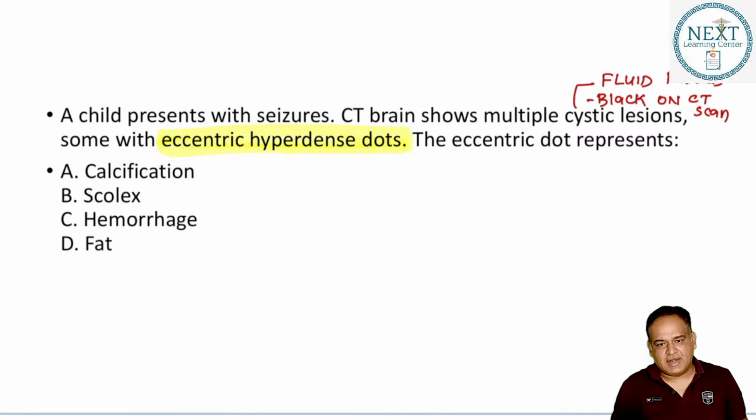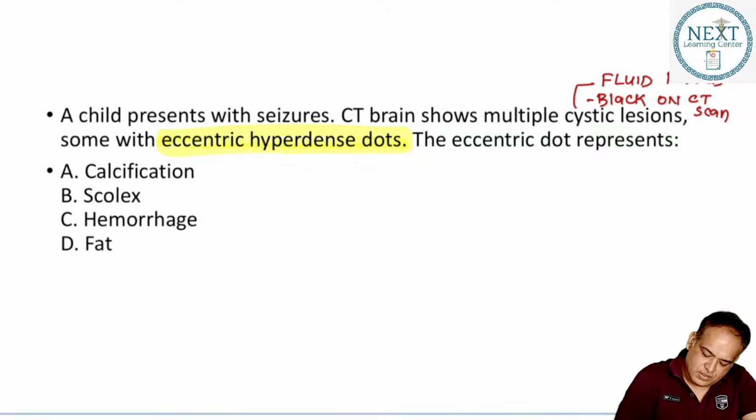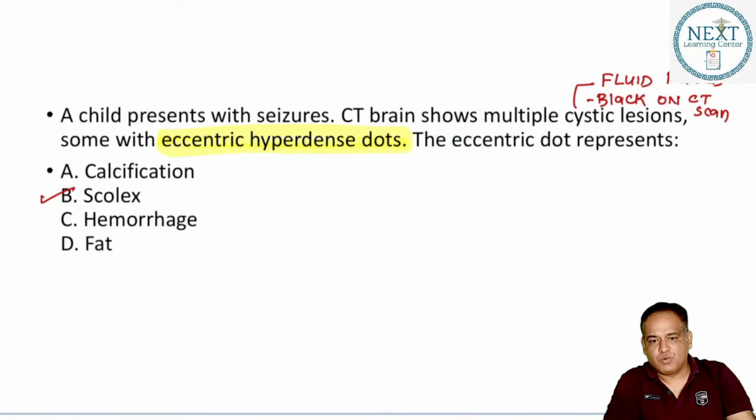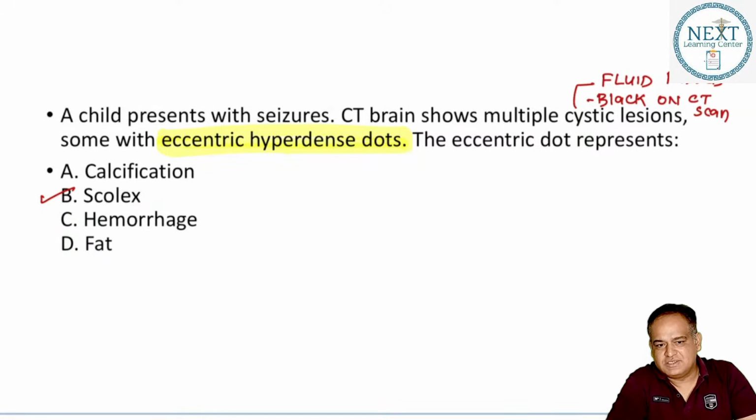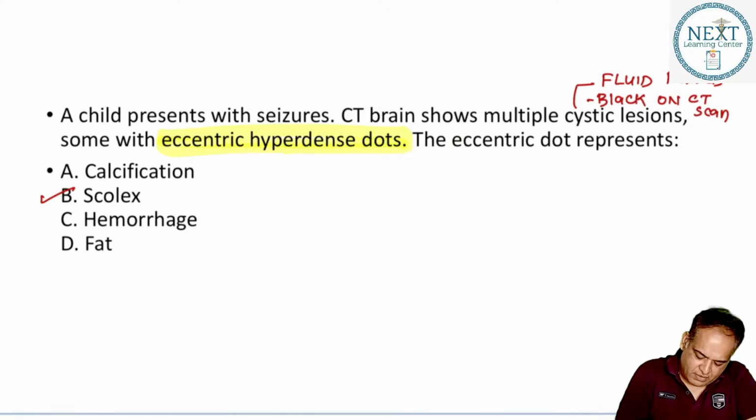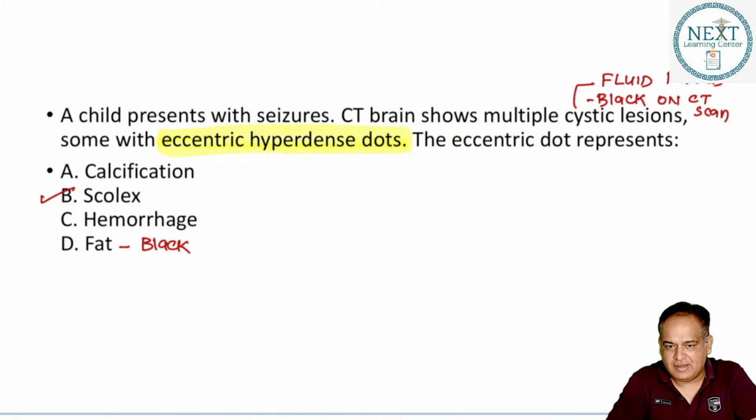The eccentric dot represents, tell me. This is a very easy question. So this will be seen in cysticercosis, neurocysticercosis. This will be typically seen in neurocysticercosis, right? Now you see here, fat will appear black on CT scan. Calcification, of course, will appear white, but here it will not be related to the cyst.